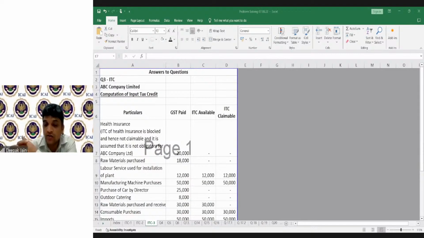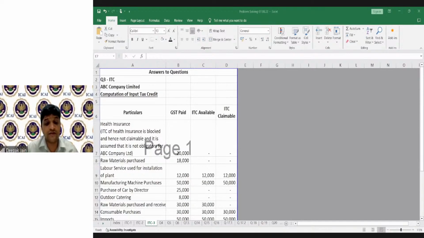On your own payment basis, you can claim it, because the supplier may be registered or unregistered. He is not obliged to pay the taxes. You are obliged to pay the taxes. So in case of reverse charge and import of service, if it is not appearing in 2B, it is not supposed to appear. So you can claim the credit in such cases because you are paying the GST on that.